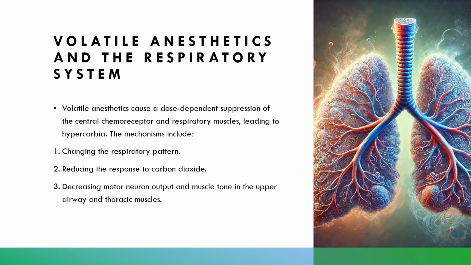All right, so what about our lungs? Volatile anesthetics cause a dose-dependent suppression of the central chemoreceptor and respiratory muscles, leading to hypercarbia. This changes the respiratory pattern, reduces our response to CO2, and decreases motor neuron output and muscle tone in the upper airway and thoracic muscles.